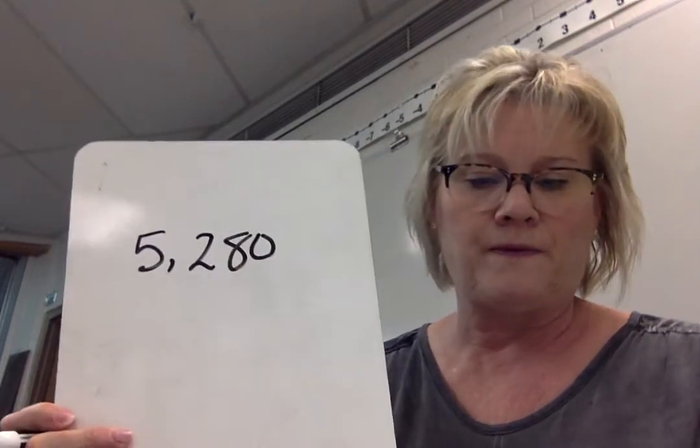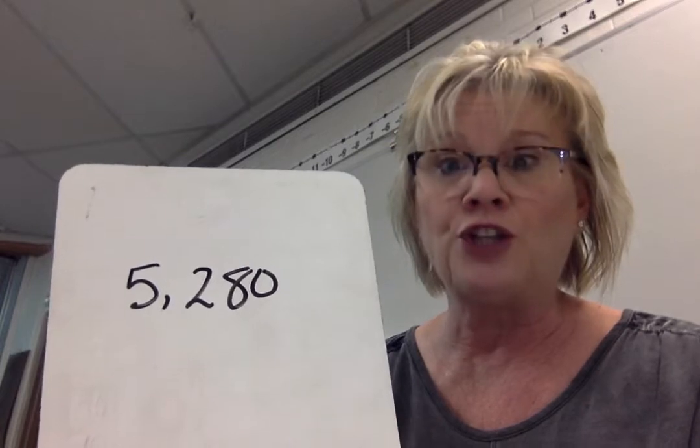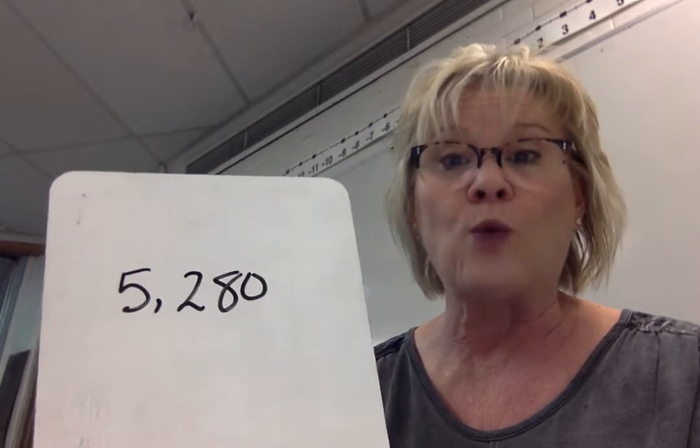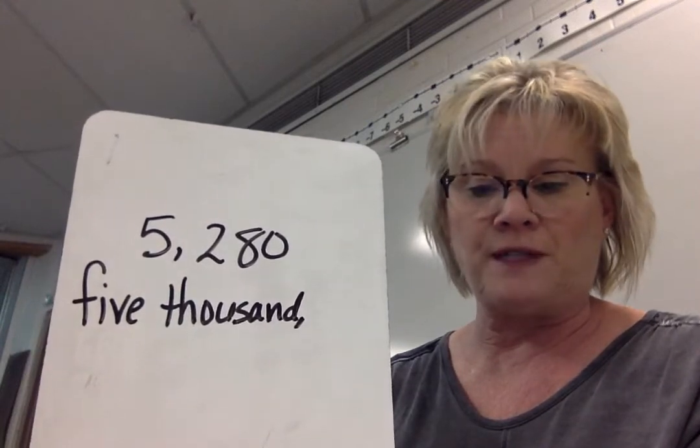So now I'm going to write a number. And this is my number. Let's read this number as 5,280. Now we're going to write that using words. So I'm going to write 5,000 and then I have a comma after the 1,000.